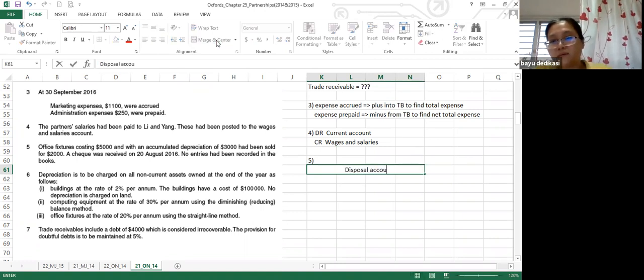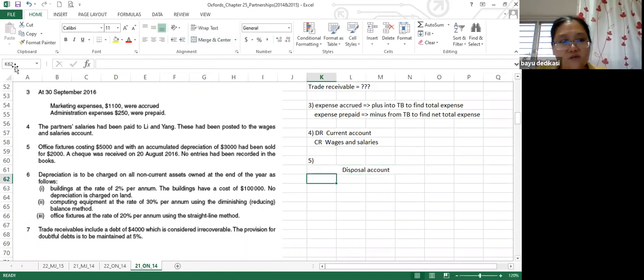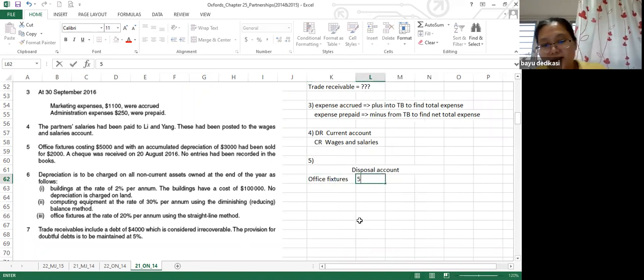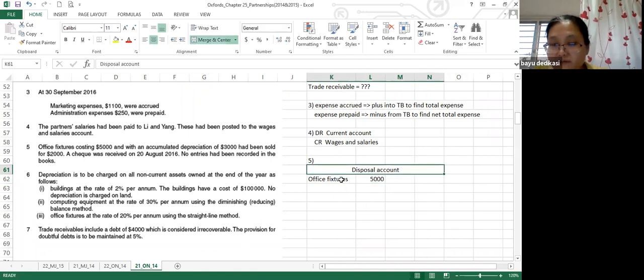Based on the information in here, they say that the cost is 5,000. That means on the debit side, office fixture, and the amount is 5,000. This is the cost column. The positions for disposal are fixed. Cost is always on the debit side.